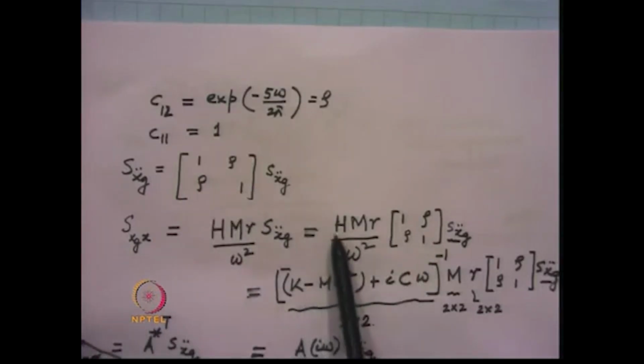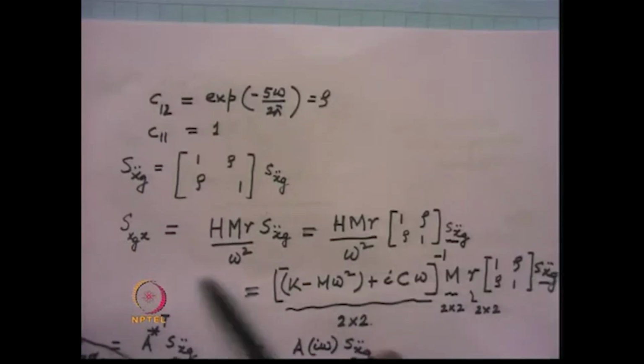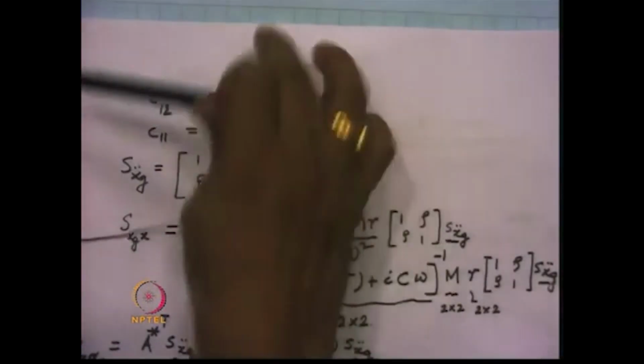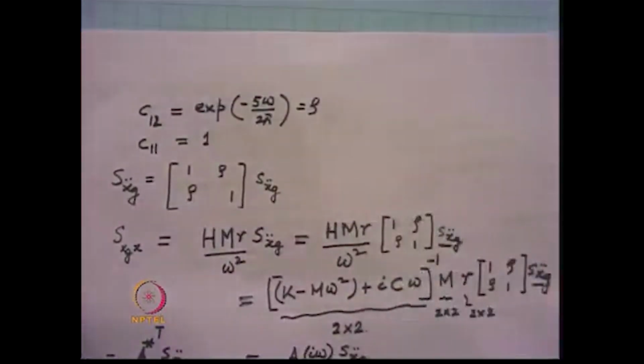The H matrix is nothing but the inverse of K minus M omega square plus i C omega. So you substitute for H, then this gets multiplied by M, and then multiplied by R, and then this matrix, and this is a single quantity Sx double dot G, that is the power spectral density function of the El Centro earthquake.